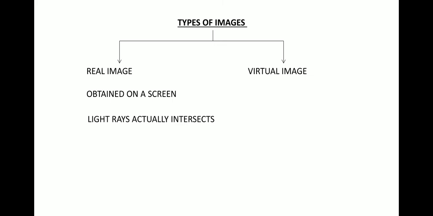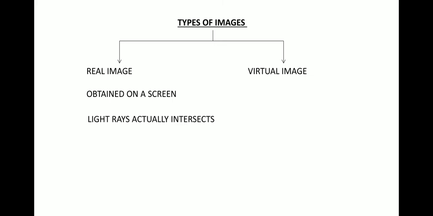Next we move on with the types of images. There are two types of images, namely real image and virtual image. Real images are those which are obtained on a screen, because the light rays actually intersect with one another.